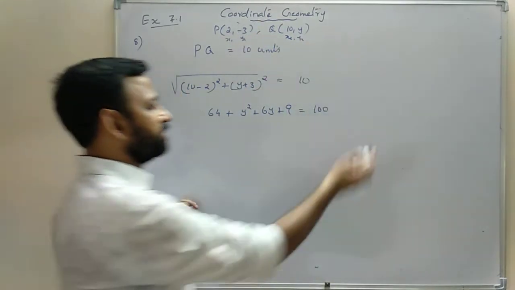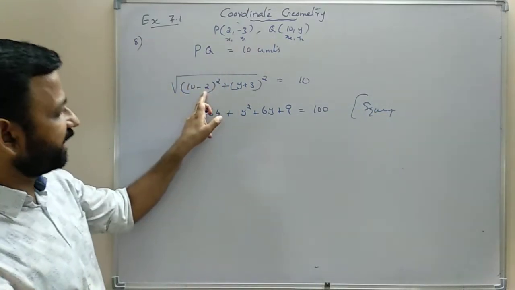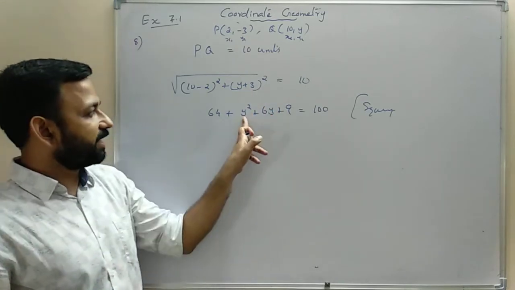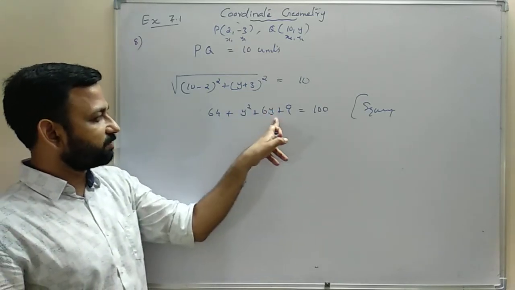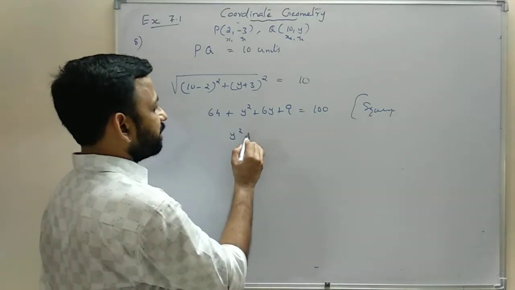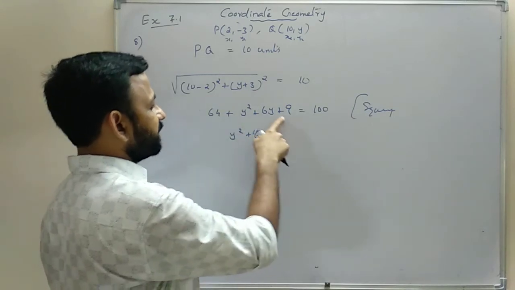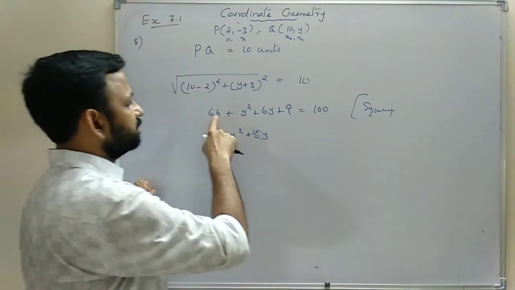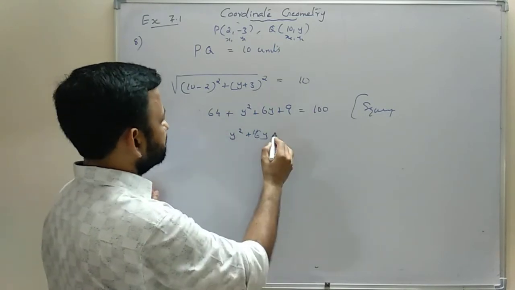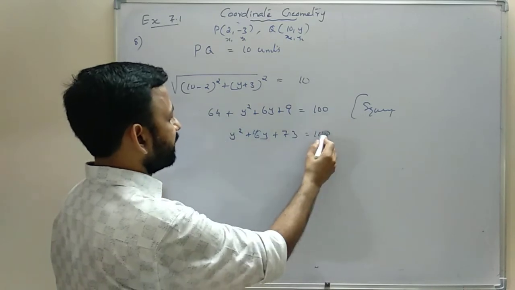So squaring both the sides, 10 minus 2 is 8, square 64, and here y plus 3 whole square by the identity is y square plus 2 into 3 into y, 6y, plus 3 square 9, equal to 10 square, that is 100. That is y square plus 6y, then 64 plus 9, that is 73, equal to 100.